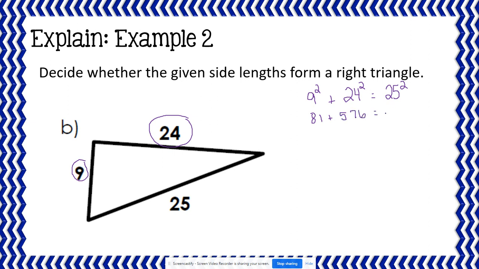And then 25 squared is 625. We would do 81 plus 576, and when we added those together, we would get 657. Since we have a statement that says 657 equals 625, we know that this is not a true statement. Because this is not a true statement, this is not a right triangle.